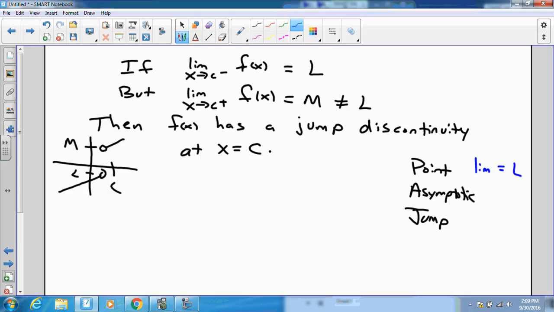The characteristic is that the limit exists in the case of the point. The limit is infinite in the case of the asymptotic. And the limit from the left and the limit from the right are different for the jump. I wrote it as limit from right is different from limit from left.